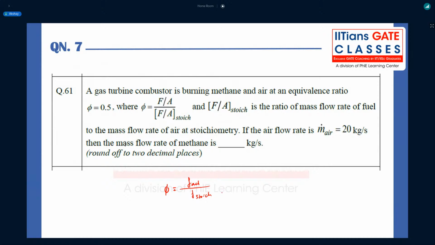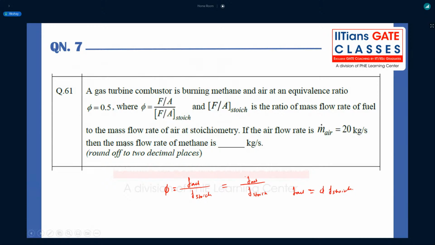So now if I want to calculate the mass flow rate of the methane, that is the mass flow rate of the fuel, I already know the mass flow rate of air. So if I calculate F stoichiometry, then I can calculate F actual, right? So F actual is nothing but the equivalence ratio times F stoichiometry.